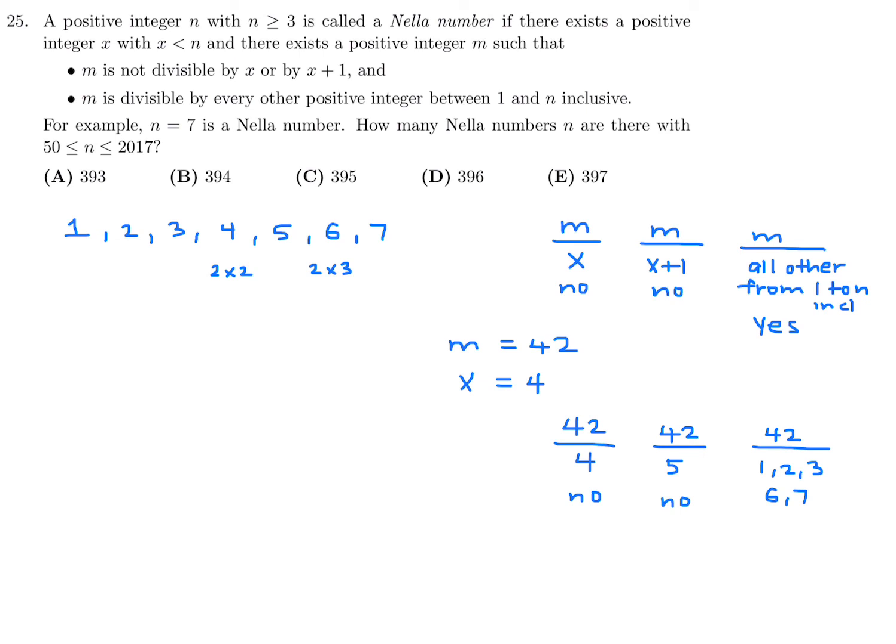So basically, we had to find the least common multiple of 1, 2, 3, 6, 7, and that was how I got 42. It was the LCM, which is 2 times 3 times 7, which is 42. All right, so I hope that makes sense. You have to understand the question before we actually tackle this whole big monster.